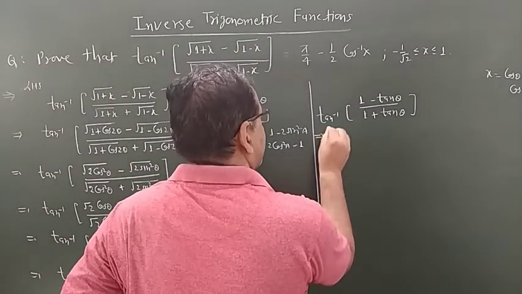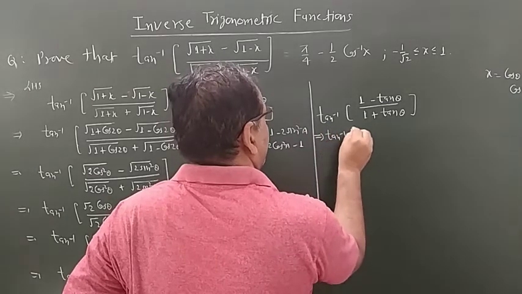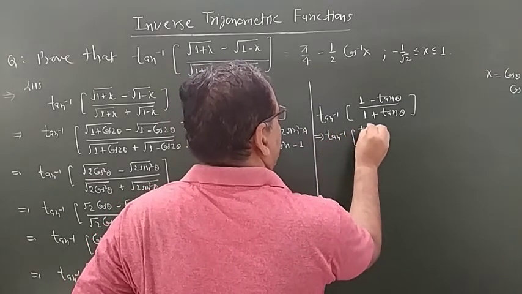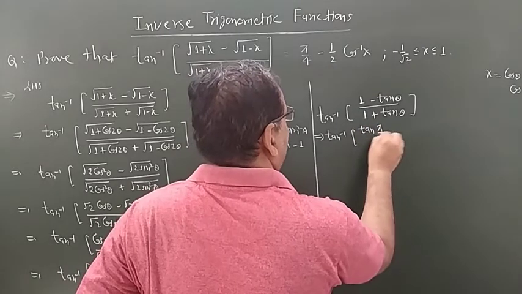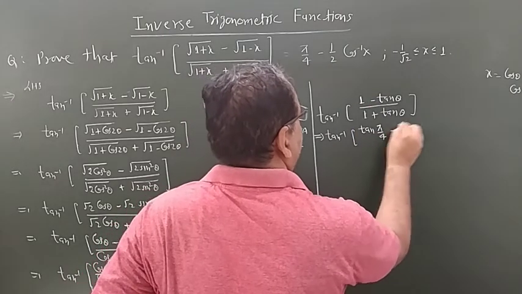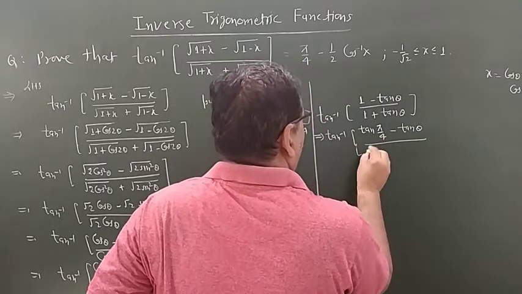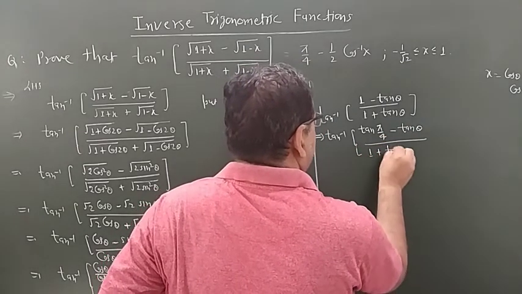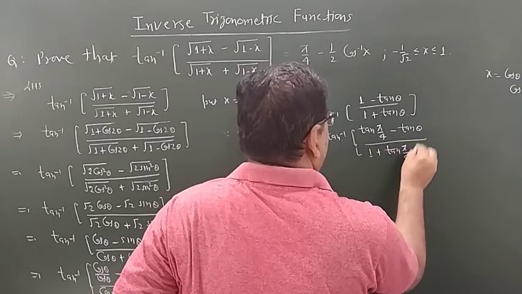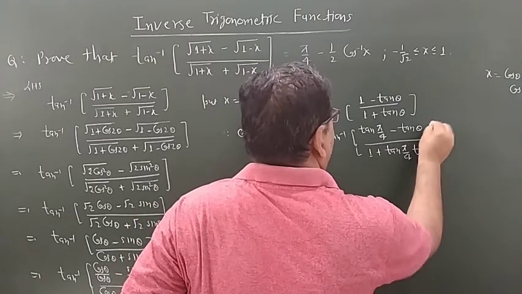In the next step, this becomes tan inverse of (tan pi by 4 minus tan theta) upon (1 plus tan pi by 4 tan theta), where 1 is replaced by tan pi by 4.